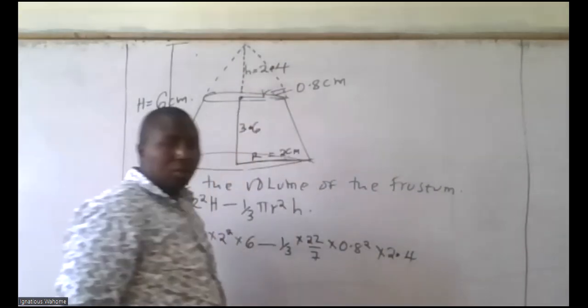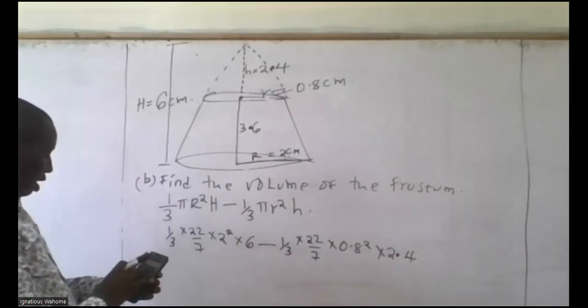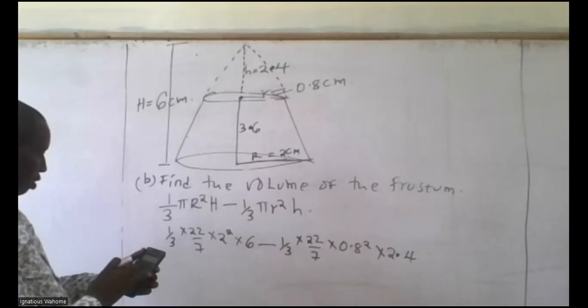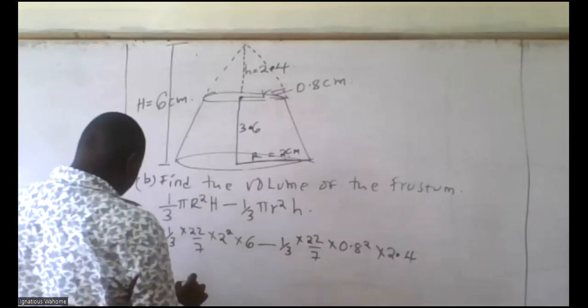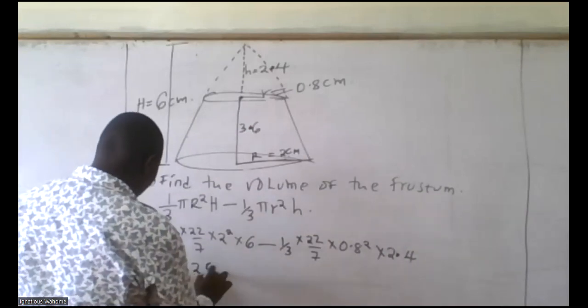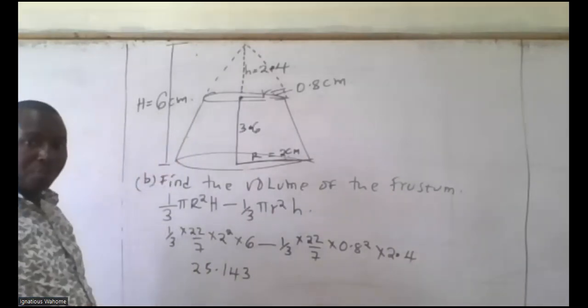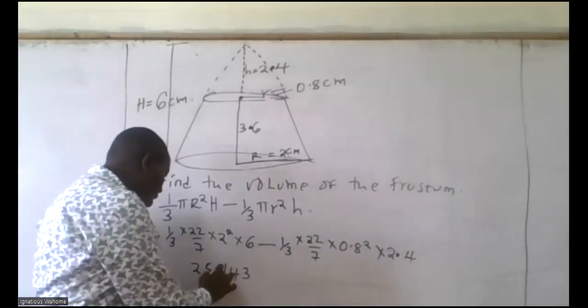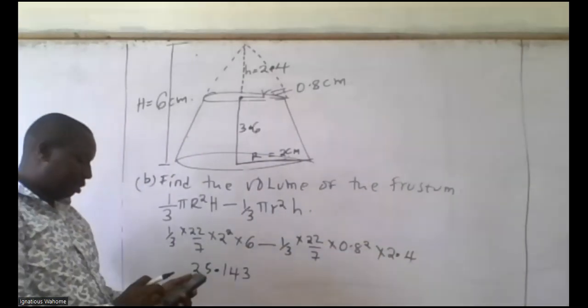Take your calculator: a third times 22/7 times 2 squared times 6 gives 25.143.